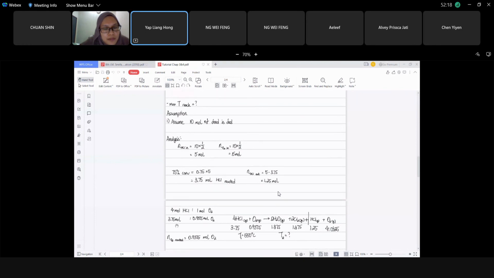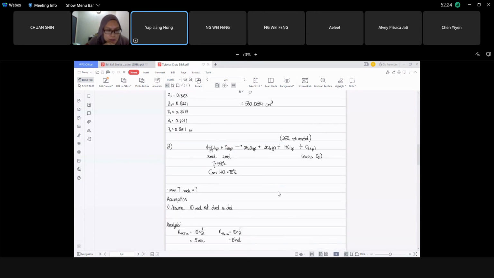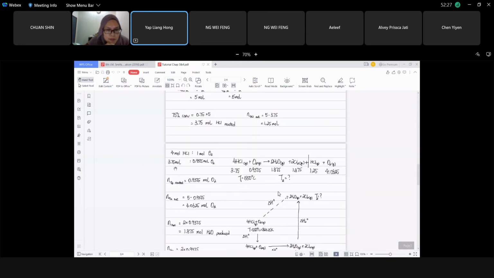And then this one is the stoichiometry ratio, 4 mole of HCl to 1 mole of O2. So this is the reacted HCl, meaning that 0.9375 of O2 will be reacted. So from this 5 mole of the O2 in, only 0.9375 mole of them will react. So this is the rest of the O2 that will go up.